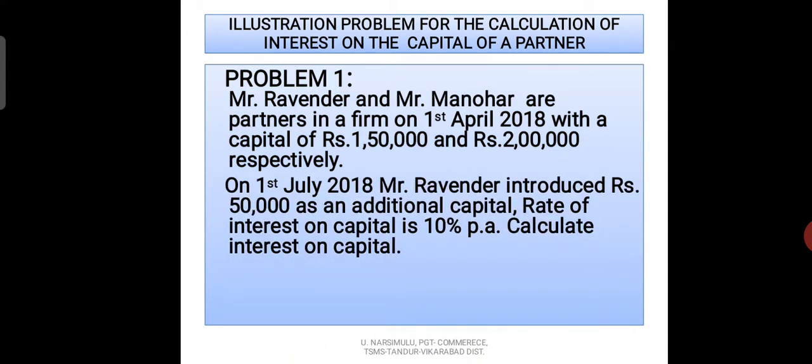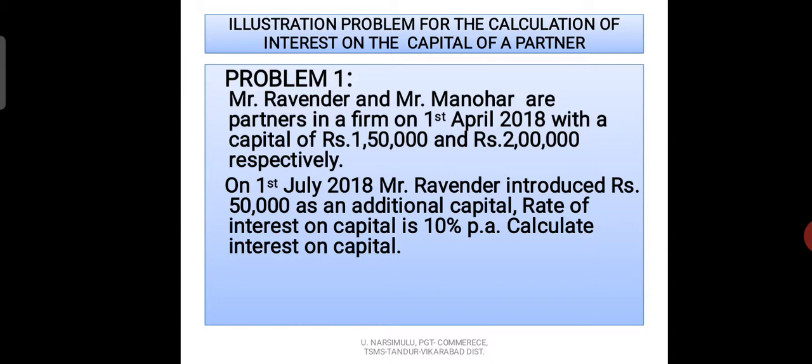See here, students, in this problem there are two partners, namely Mr. Ravindra and Mr. Manohar are partners in a firm on 1st April 2018 with a capital of rupees 1,50,000 and rupees 2 lakhs respectively, which mean on 1st April 2018 their capital accounts balance shows as 1,50,000 and 2 lakhs as opening balance.